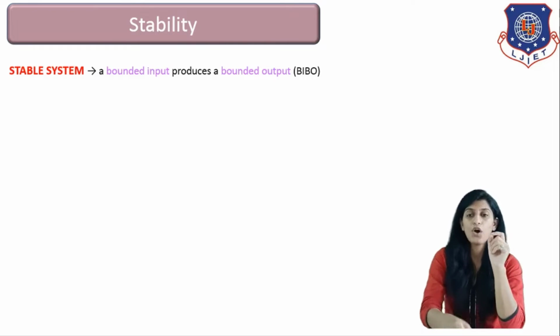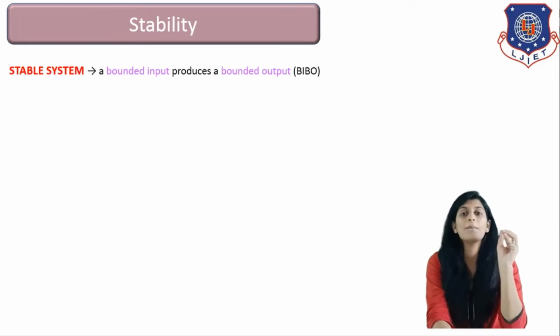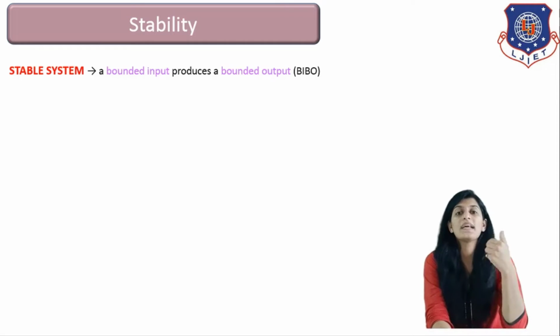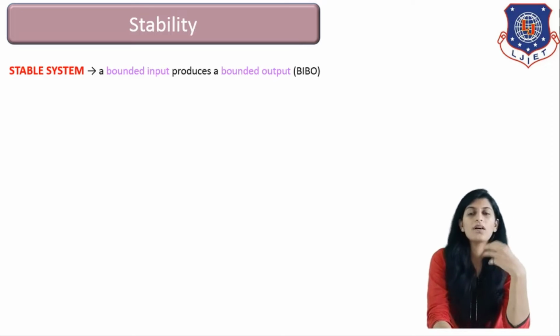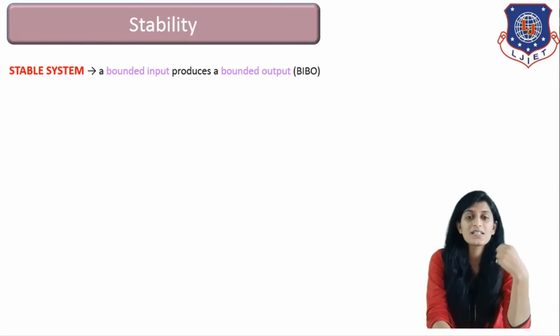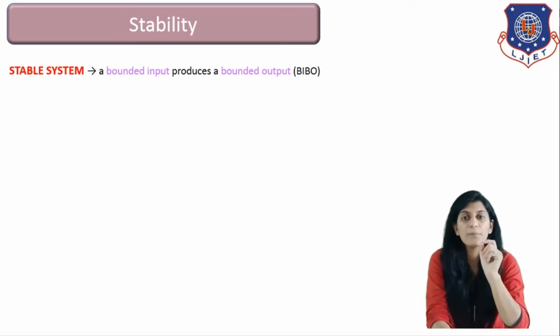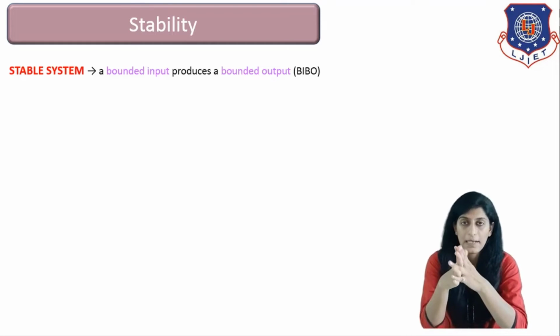A stable system is defined as a system in which a bounded input gives a bounded output. It is also known as a BIBO system.